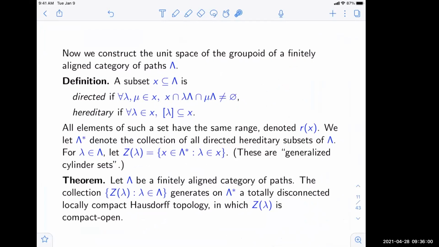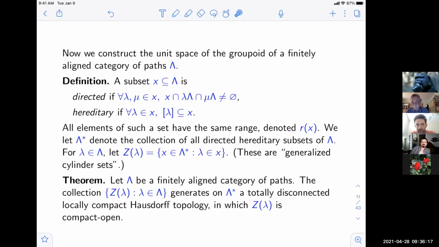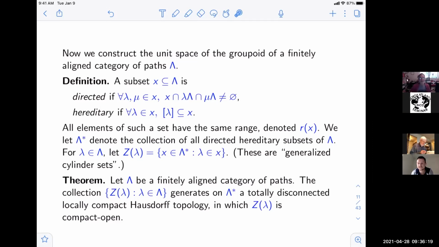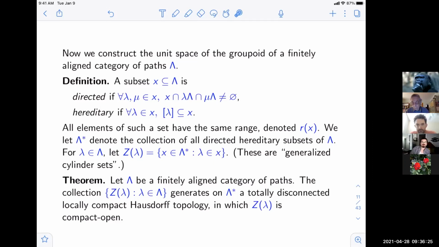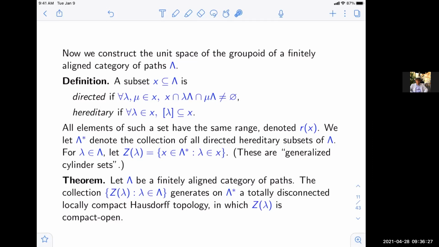I'll call a subset little x in lambda directed if, given any pair of elements in the set X, there's a common extension of those elements that's also inside of X. So X contains a common extension of any pair of its elements. That's a kind of directed property. If you think of moving arrows backwards, it means any two paths in this set eventually can meet up somewhere behind, staying inside the set. And the hereditary property is closing it up under initial segments.